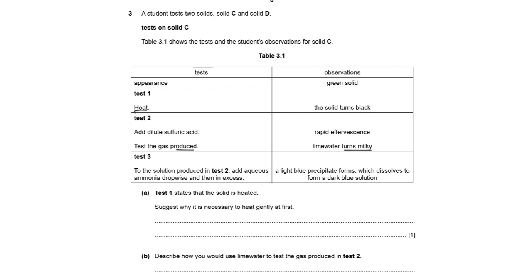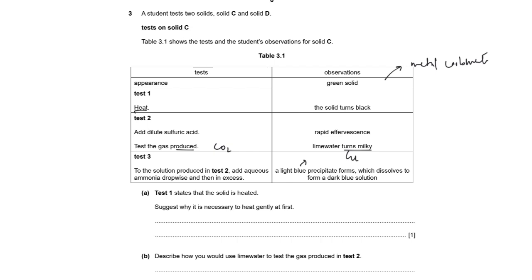Since lime water is being turned milky, it means that the gas produced is carbon dioxide, and the green solid will be a metal carbonate, right? But if you see the solution produced in test 2, you add aqueous ammonia dropwise and then in excess, a light blue precipitate forms, and it dissolves to form a dark blue solution, which points towards copper.